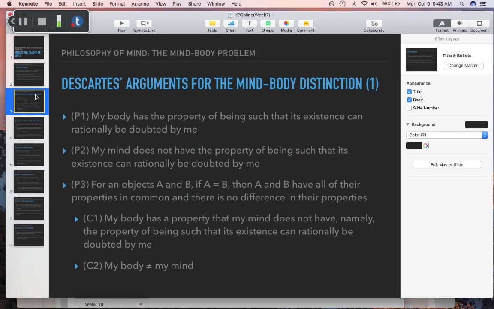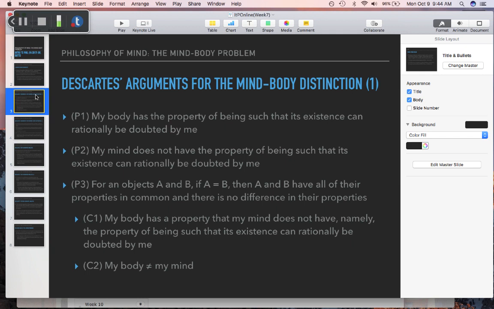So he's saying here, remember when we're talking about radical skepticism, the idea that maybe I don't really have hands, that I'm a brain in a vat, that there is no external world. He's saying my body, being this extended physical object, is something which I can doubt that it exists, right? I can imagine, in some sense, that I don't really have a body.